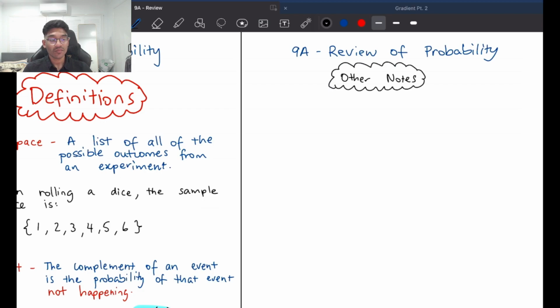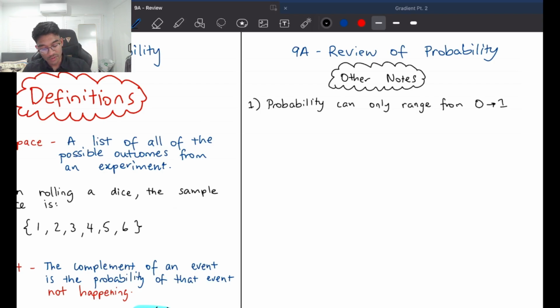All right. So the first thing is that probability can only range from 0 to 1. All right, probability can only range from 0 to 1. So when we're getting an answer for probability, it should be between 0 and 1.